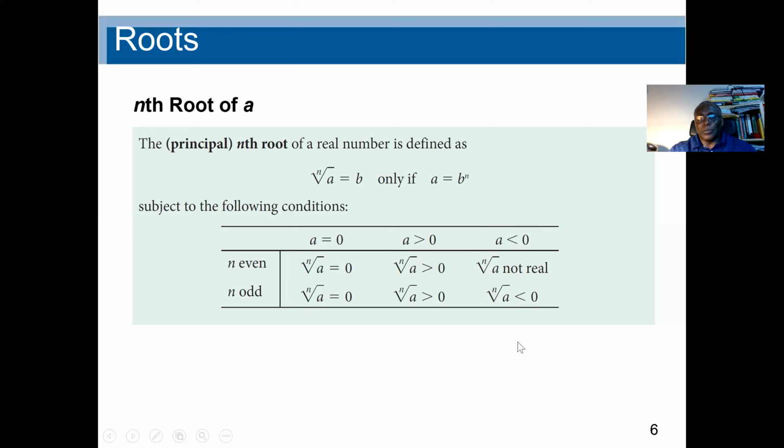There's no answer. But cube root of negative 8, the answer will give us negative 2. And that's the rule here, the condition. If the root is an even number, then we can't get a value less than 0, or a negative radicand, there's no solution. If it's an odd number, that's okay.